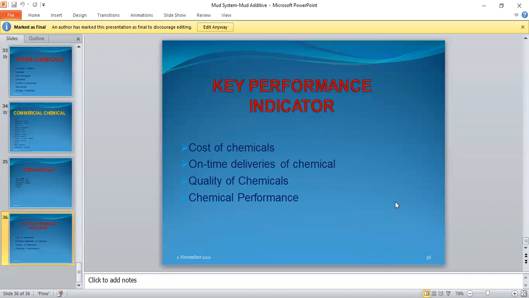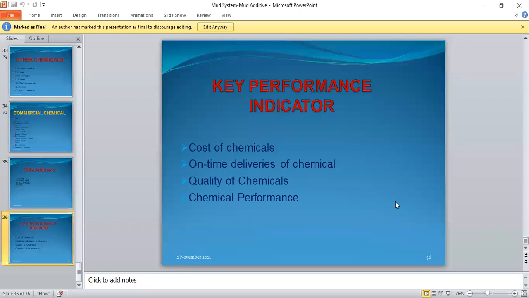If you have an emulsifier or a polymer that is not working well, you keep adding and adding. If the chemical has expired, is no more potent, you will just be wasting, you will just be throwing solids into your mud and it will affect your mud. Chemical performance. You need to know the performance of the chemicals.